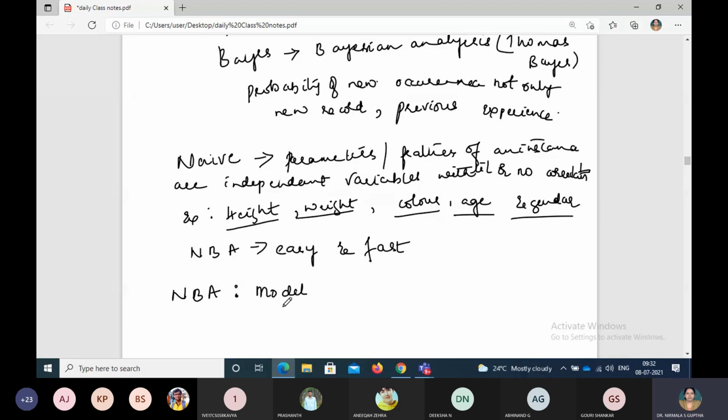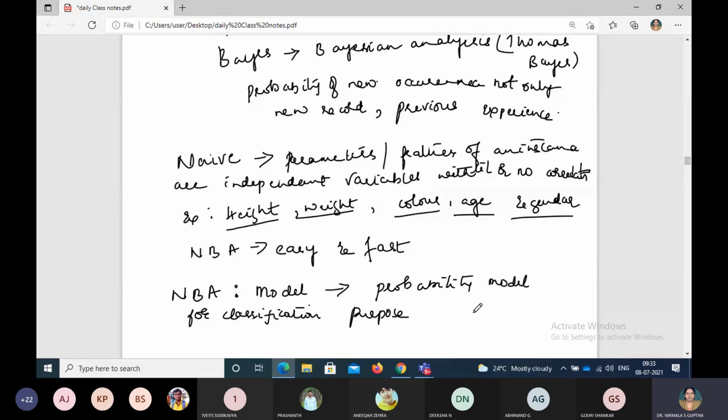In the abstract, naive-Bayes is a conditional probability model for classification purposes.